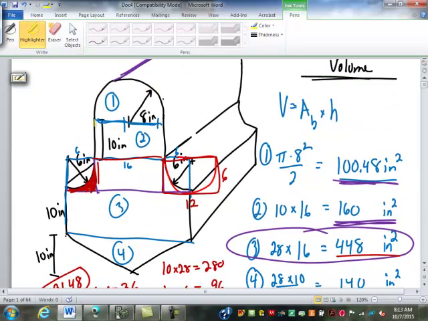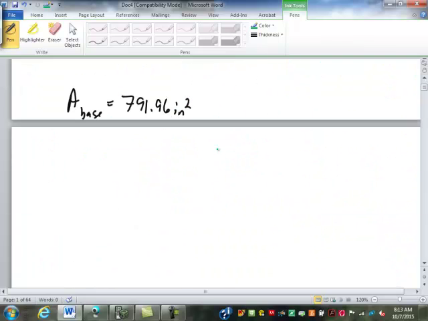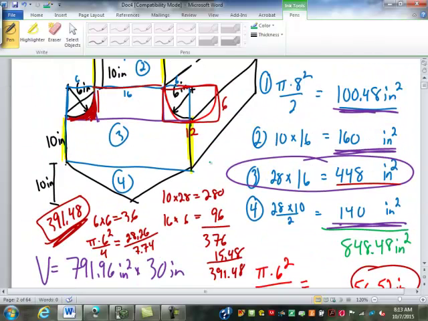Well, I'm going to add up the straight sides first. I've got 10, 10, 10, and 10. Those are my straight sides. I can find the slope side here.